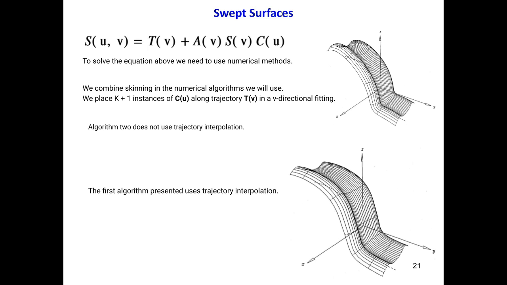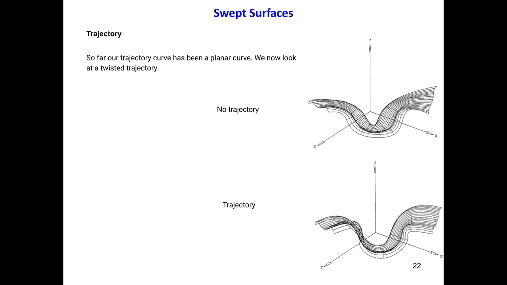I don't really go into the details of the algorithms here, besides the trajectories. And we can talk about twisting our trajectories. Again, these are the algorithms. Interpolation of the surface with trajectory and no trajectory when twisting.